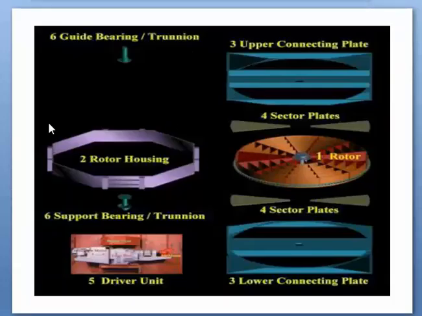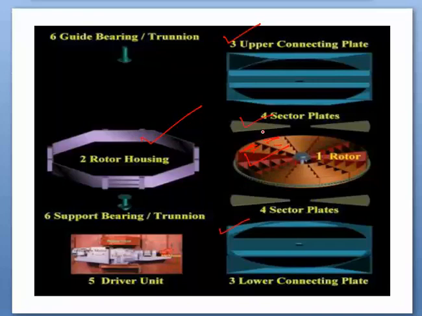This is basically our rotor which rotates. These are the segments in which the heat absorbing material is filled in these slots. The second one is the housing which houses the rotor. Then the third component is the upper connecting plate and lower connecting plate.